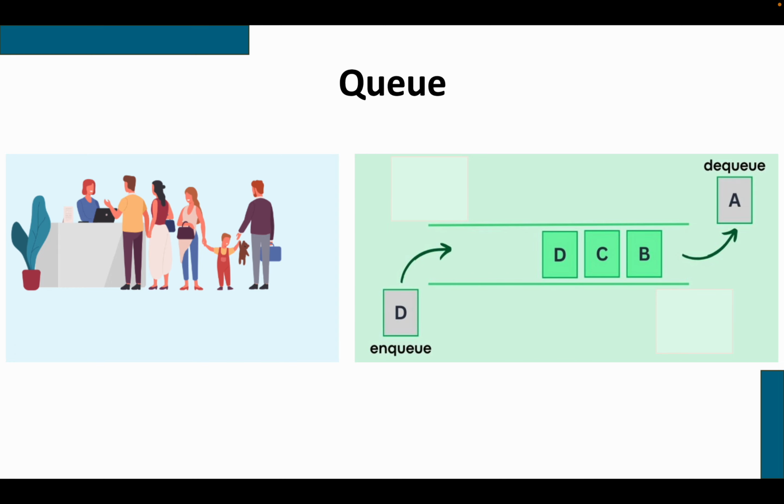In this example, the first person in the list, the first person who comes, for example, to check in, will be the first person who receives the service. And in the queue ADT, the first element that goes into the queue will be the first element that comes out.